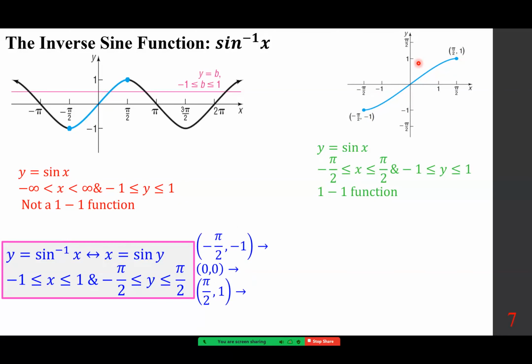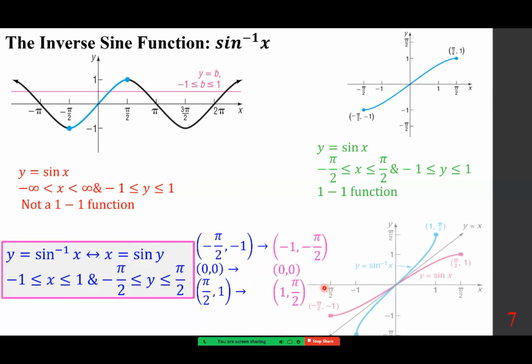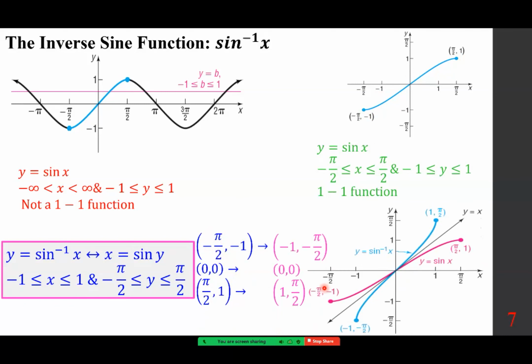So those 3 points change to -1, negative pi over 2; 0, 0; 1, pi over 2. Draw those 3 points, and the graph looks like that.